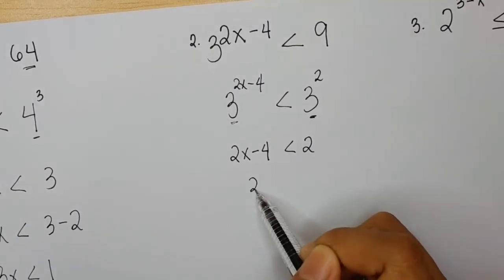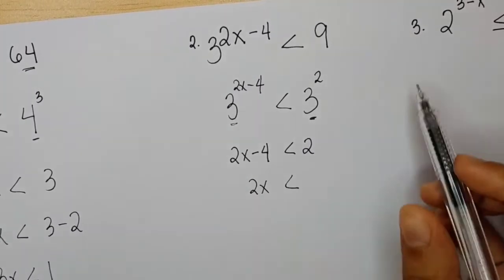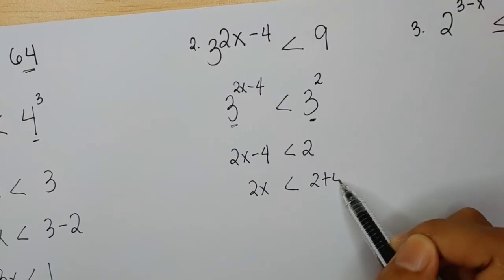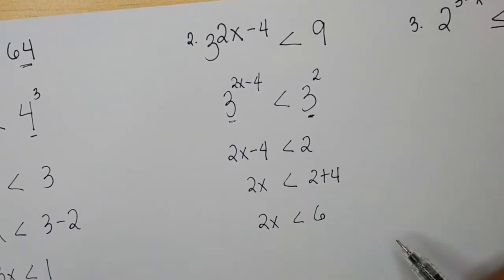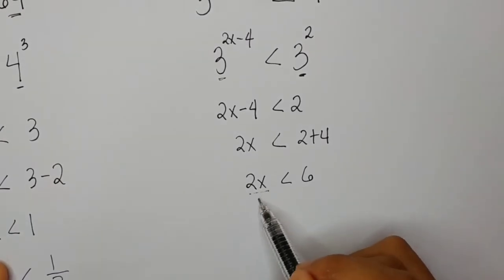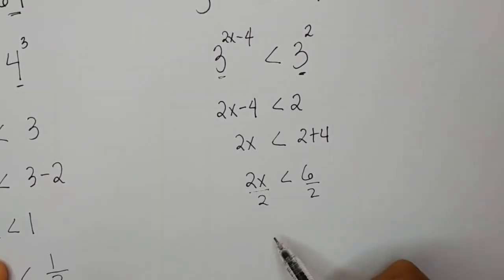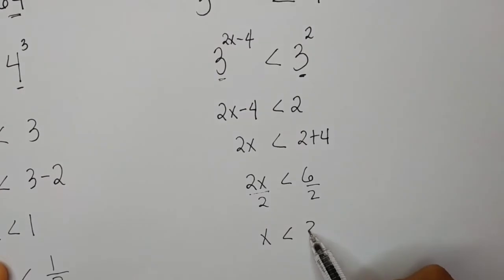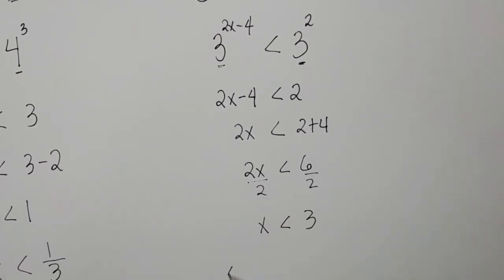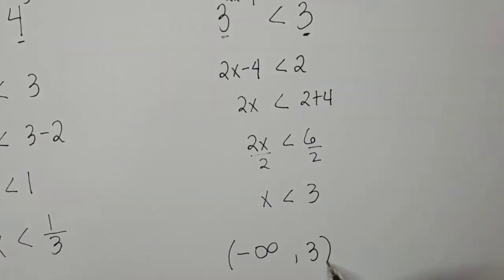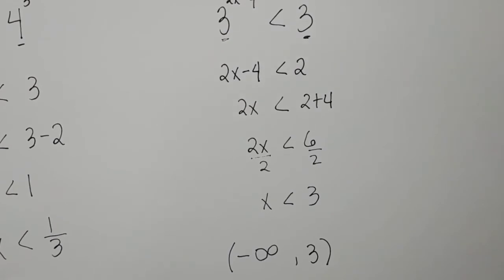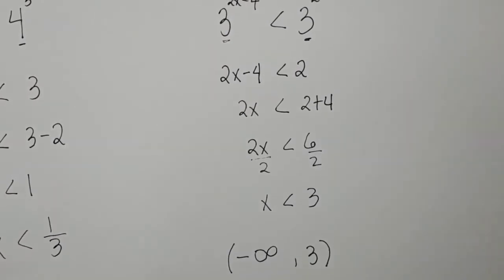So, we have 2x that is less than 2 plus 4. So, this will be 2x is less than 6. So, divide both sides by 2. That is x is less than 3. Since less than pa rin siya, we have negative infinity going to 3. So, yan yung magiging solution ng number 2 natin.